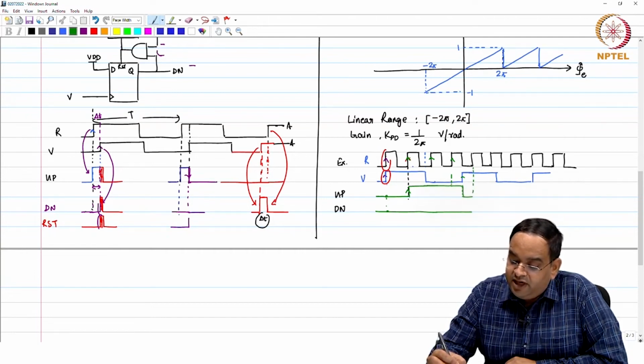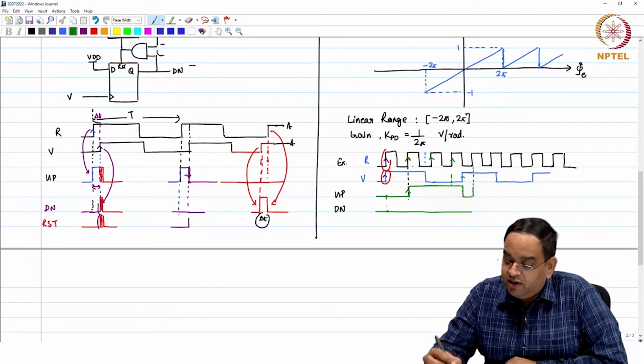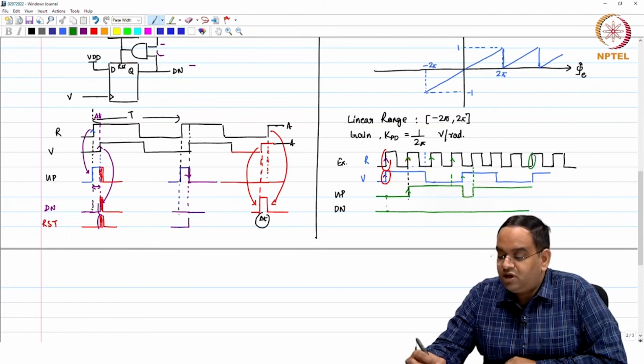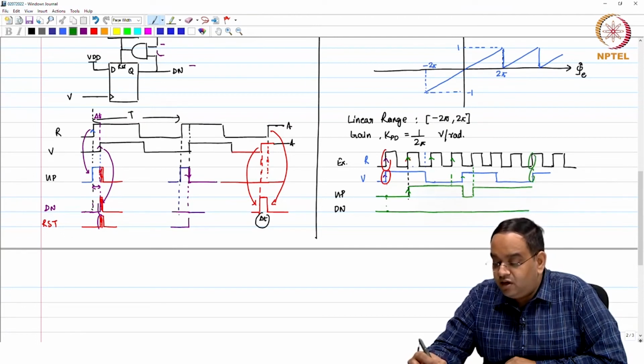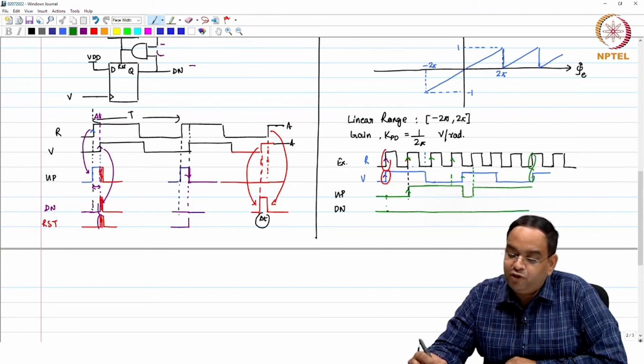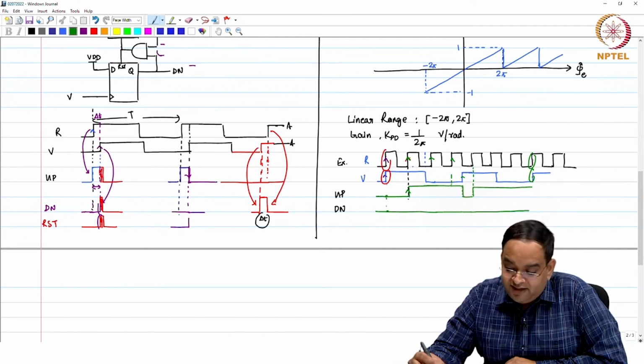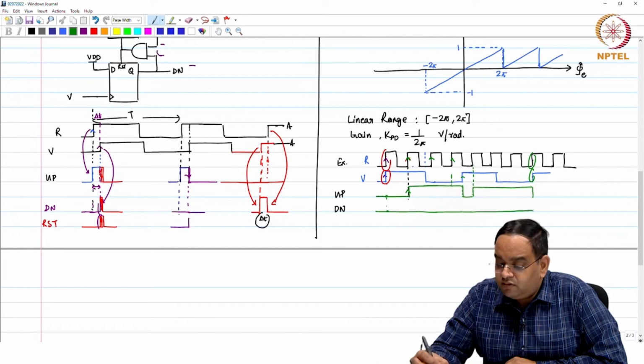And then at the very next rising edge on R, you again increase this, right. And then at this particular point, it depends whether they both come at the same time, or if your V signal is slightly before your rising edge on the up signal, then it will go down.